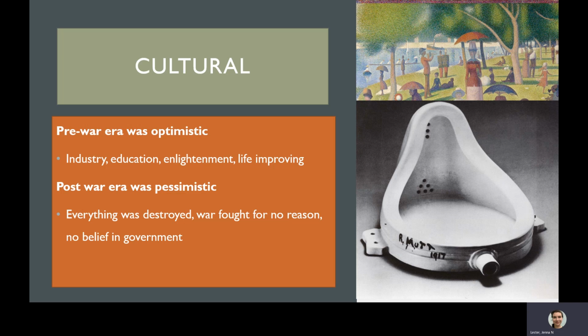Basically, this artist, pretty sure it's Marcel Duchamp, was like, why would I bother making these beautiful paintings if it doesn't represent the world? After World War I, people were like, the world doesn't make sense. That war was stupid. Thousands of people died.